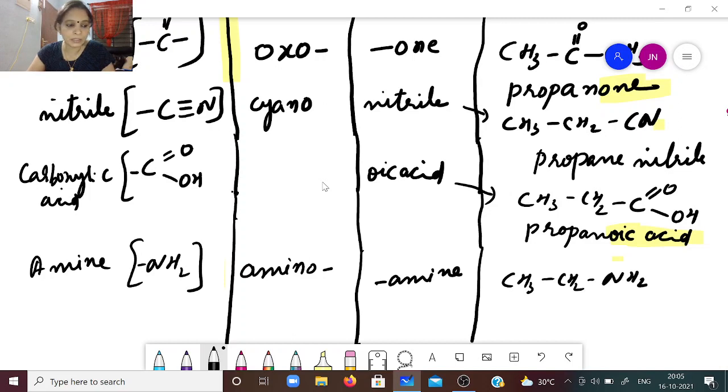If I write like this, see how many carbons? 2 carbons are there. So it is ethane, actually ethane, E will be removed and amine will be added. So ethanamine.